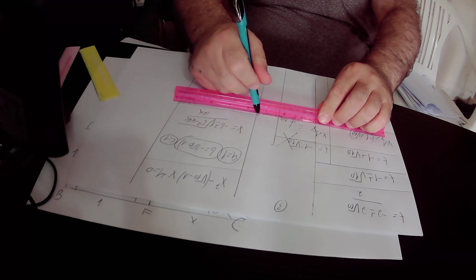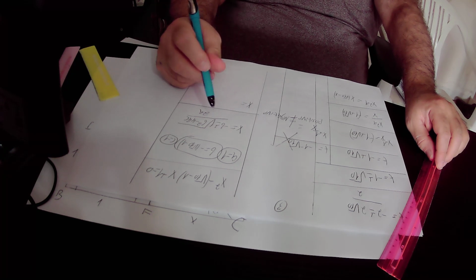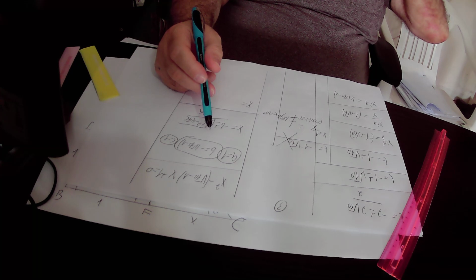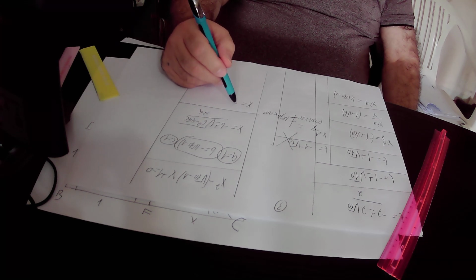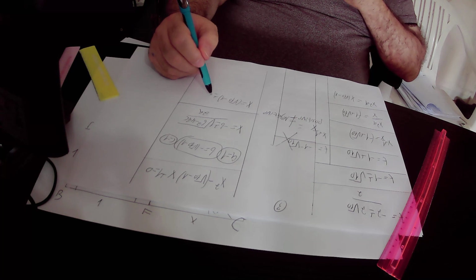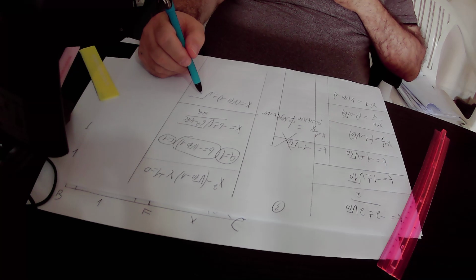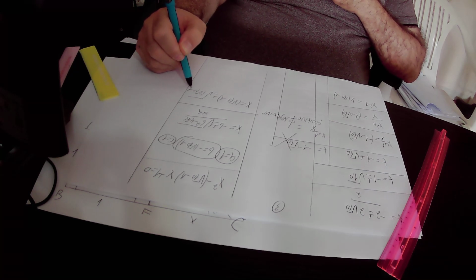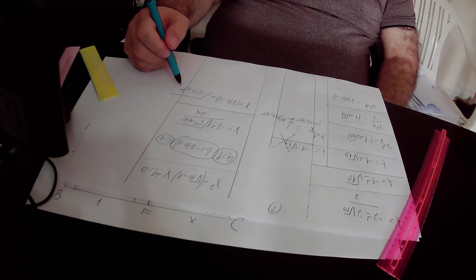So the solution for our specific quadratic equation will be as follows: x equals minus b, here minus and minus will be plus, so it will be the square root of 10 minus 1, plus or minus the square root of b squared, which is the square root of 10 minus 1 squared, minus 4 times a times c.